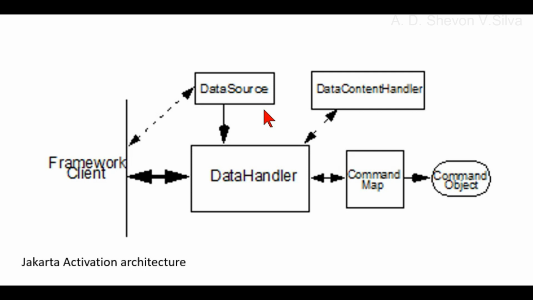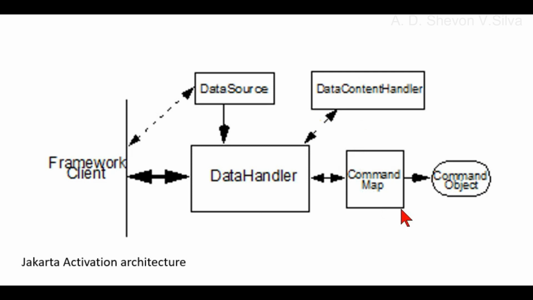A data content handler uses data flavors to represent the data types it can access. The data content handler also converts data from objects into input streams. For instance, if an application needs to access a .gif file, it passes the file to the image GIF data content handler.